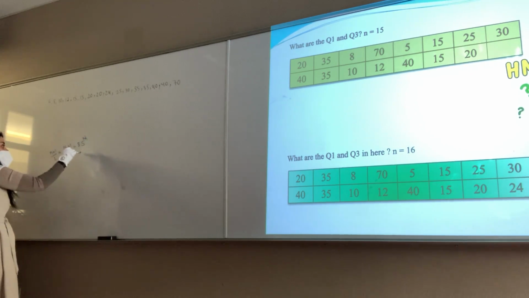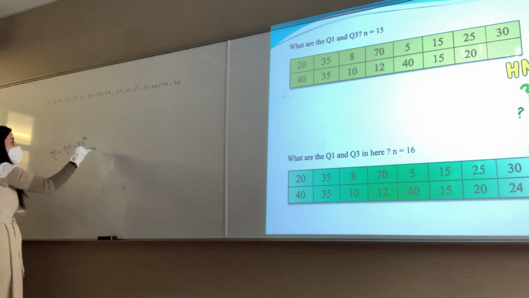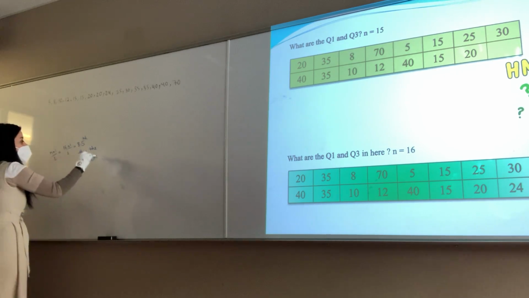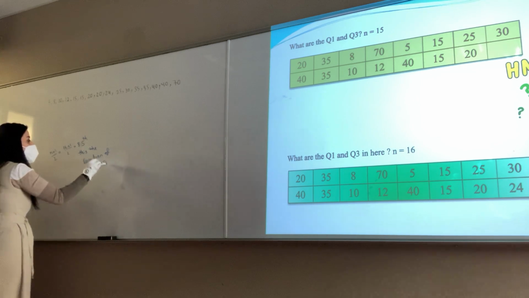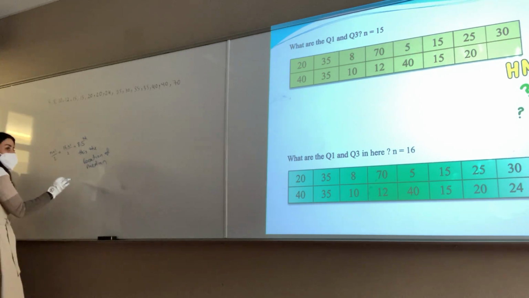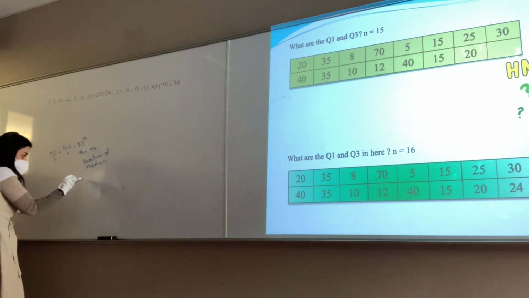8.5, and this is the location of the median. So what does this mean? Median is between observation number 8 and 9. Good.